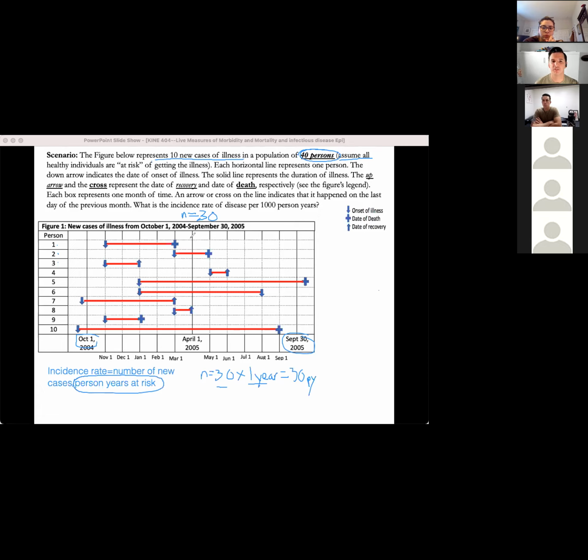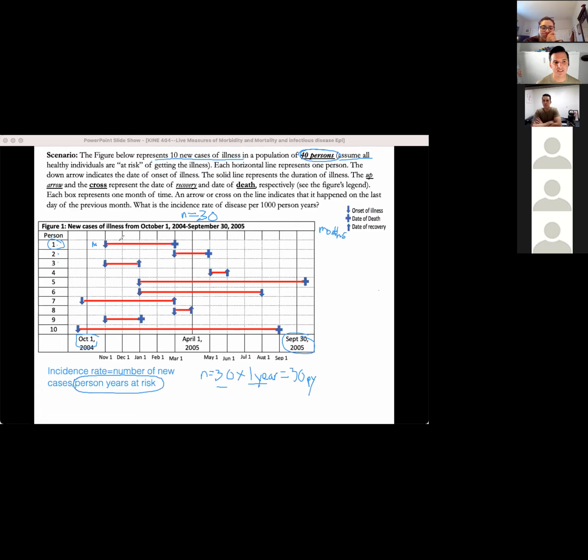So person one, if we are looking at how much time at risk is person one at risk for this disease from October 1st, 2004 to September 30th, 2005, essentially what I'm going to do is count these number of boxes. So on October 1st, they're disease free. They're at risk for this first box.